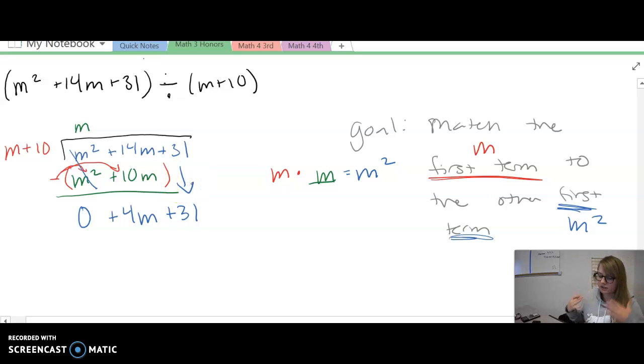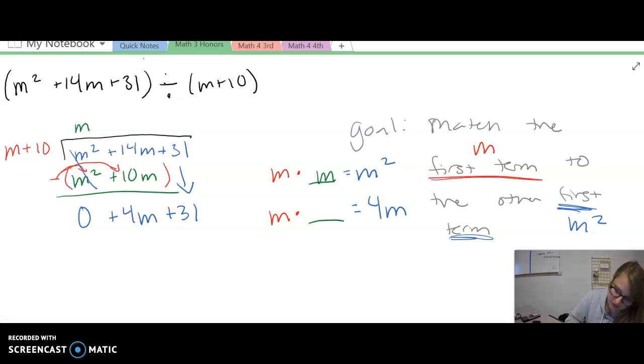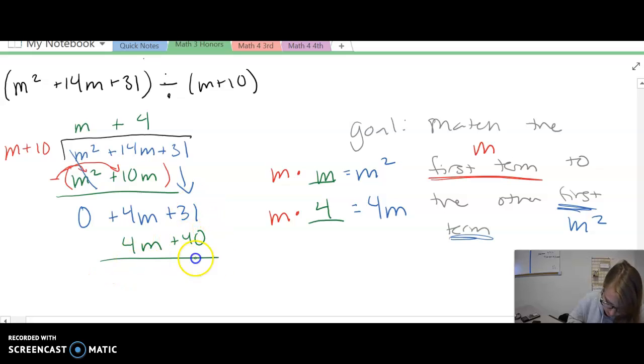So now we're kind of starting over. So now we're going to do the same process. So now we have m times what equals 4m. Well, m times 4 is going to give us 4m. So we're going to put that plus 4 at the top, and then we're going to multiply the 4 on our divisor. So 4 times m is 4m, then 4 times 10 is 40.